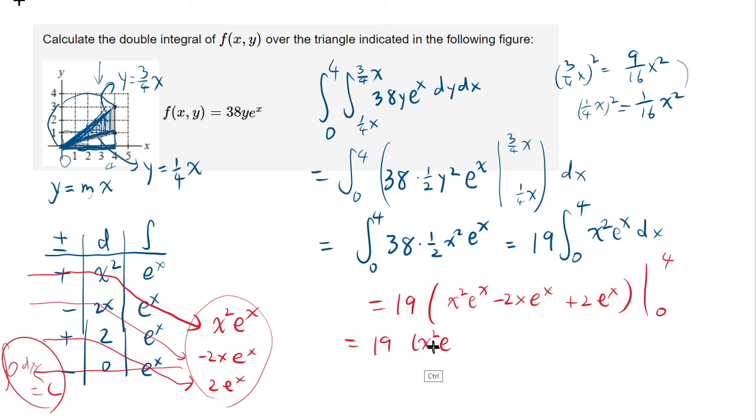I think that makes things easier. So it should be x squared minus 2x plus 2 times e to the x, and you have to plug in 4 and 0. Now if you plug in 4, 4 squared is 16 minus 8, so that's 8 plus 2, that's 10, times the 19 here, so it's 19 times 10 times e to the 4 is what you get. And when you plug in 0, you get e to the 0th power, which is 1, and you get 2, so you subtract. Okay, so that's the answer.